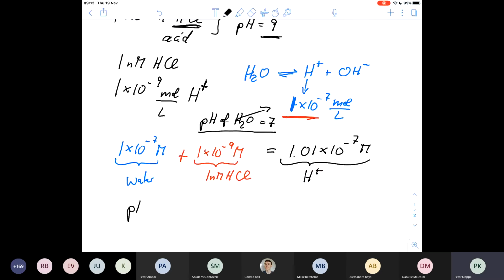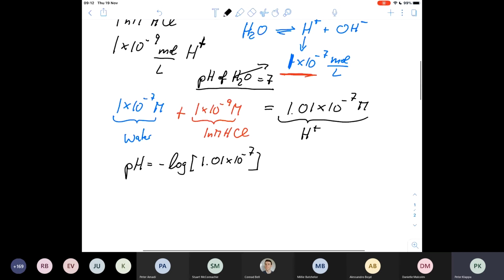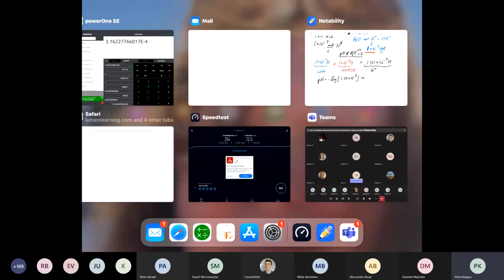So if we do the pH now, pH equals minus log of 1.01 times 10 to the minus 7, and we are always in molar. That gives us a pH of... it has done it already. Let's quickly go over to my calculator.